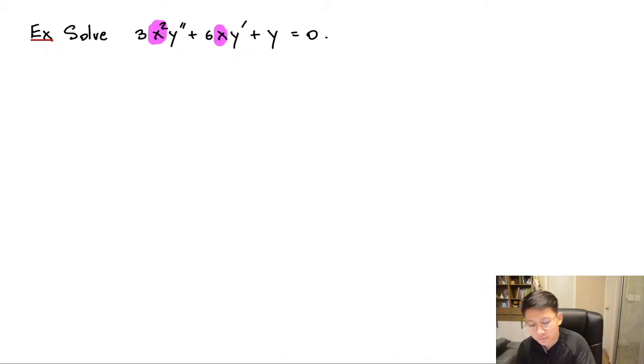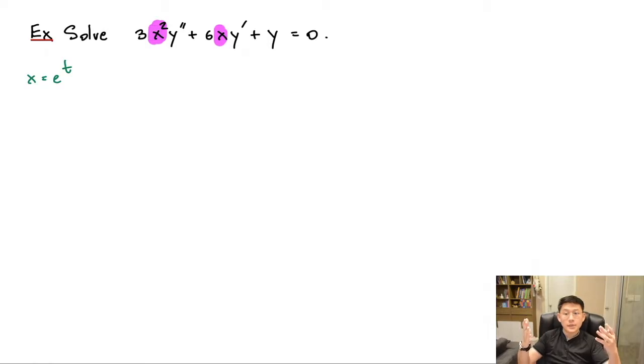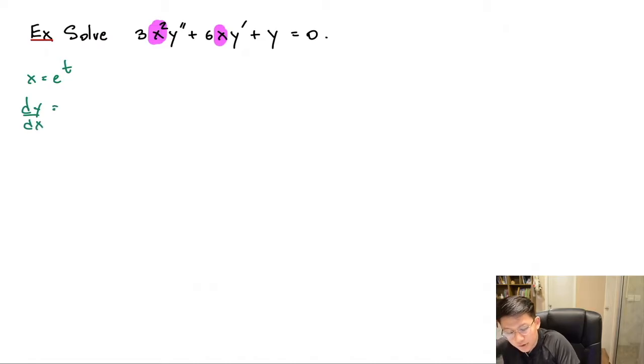So first what you need to do is let x be e to the t. After that, what happens? First you find dy by dx, which is dy by dt times dt by dx.